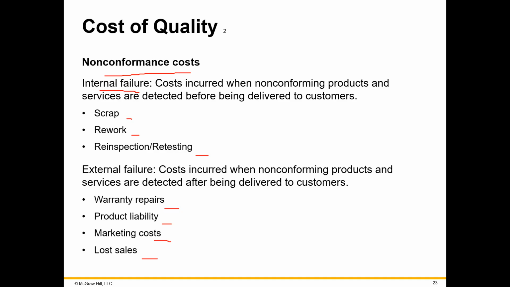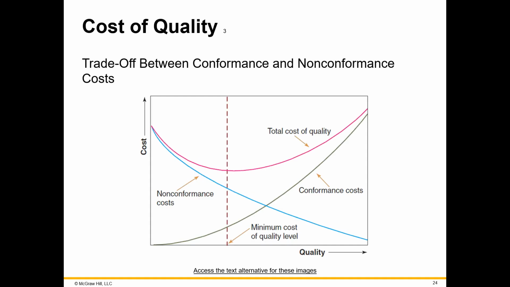So this chart shows that total cost of quality will go down to a certain point and then it'll start increasing again. So the way this chart reads is if you don't have any conformance costs, so you're not doing any real testing and you're not focusing on product design, then you're going to save money on conformance costs, but you're going to have high non-conformance costs. You're going to have high warranty costs.